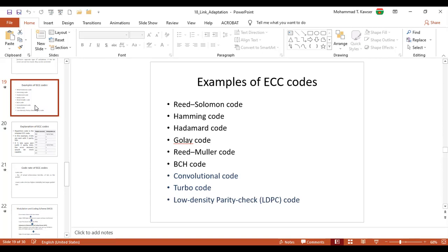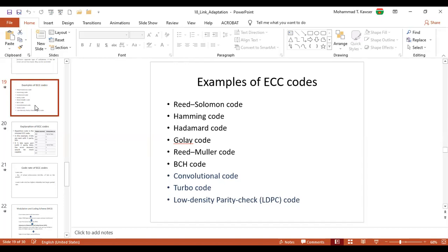Convolutional coding was a very popular technique for a long period. Nowadays, turbo code and LDPC codes are getting more popular. At this moment, Dr. Rakibul Islam works a lot on LDPC code, and this is found to be very capable.